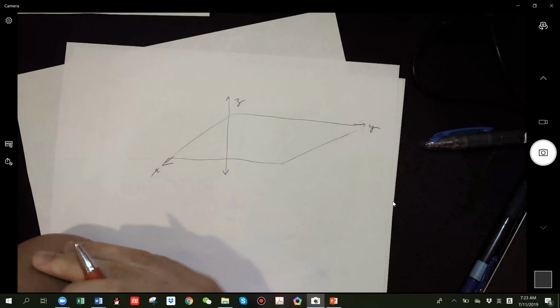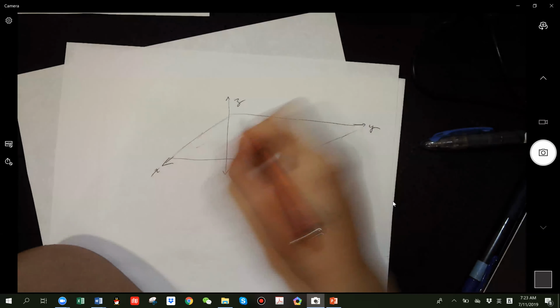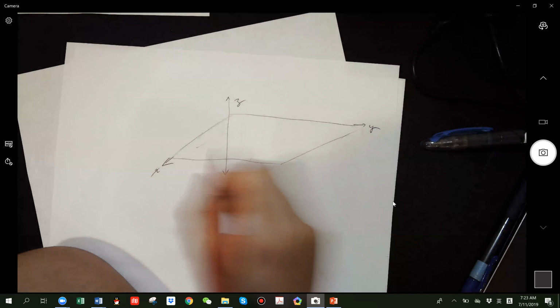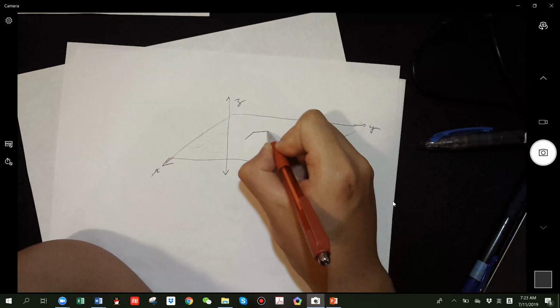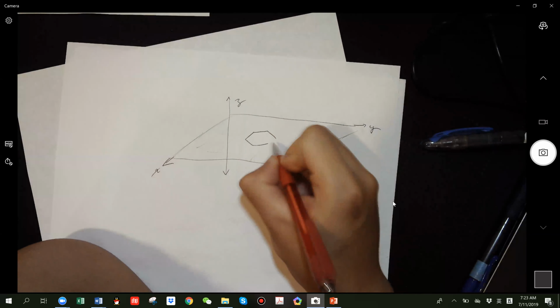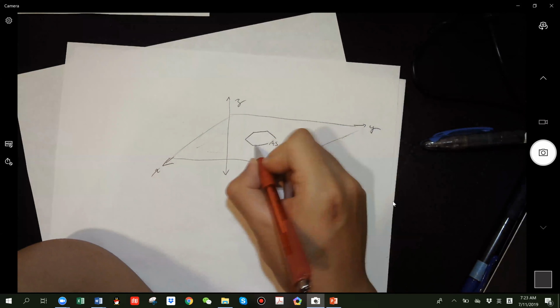Okay? So we have our plane. So what our molecule should look like is something like this.